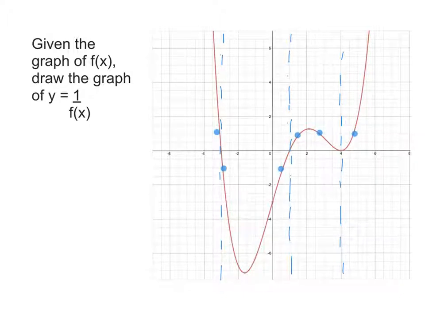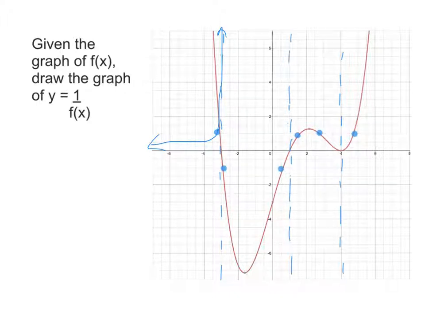So then I can actually draw in the graph, and I'm going to do it, like I said, everywhere where it's positive, it's going to be positive. Everywhere where the original is negative, it's going to stay negative. And it needs to do the opposite in terms of increasing or decreasing. So if we look at this first section over here, the function is decreasing. The reciprocal needs to be increasing, and it needs to go through that invariant point. So it's going to come kind of like this, and then down there.